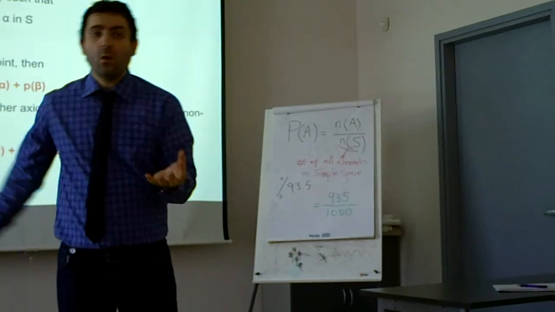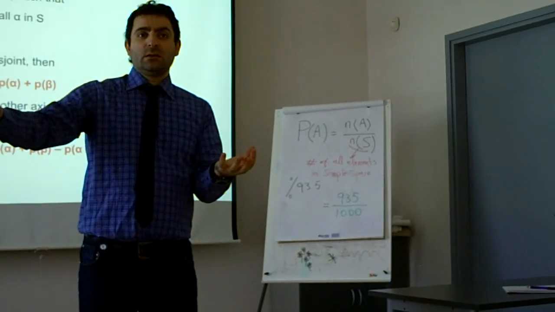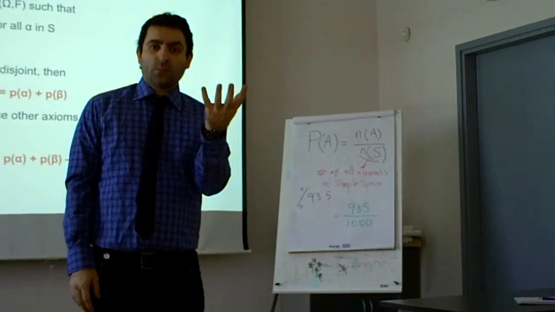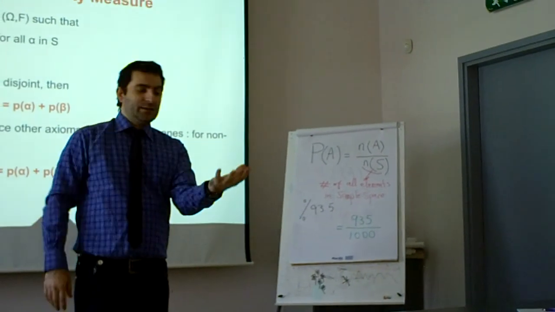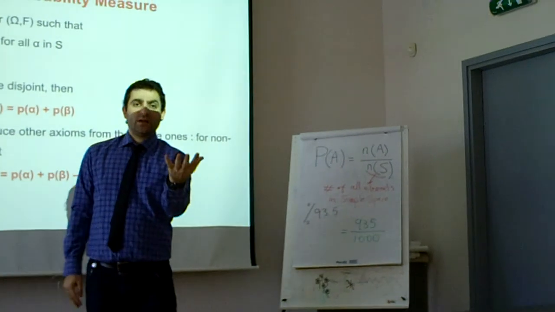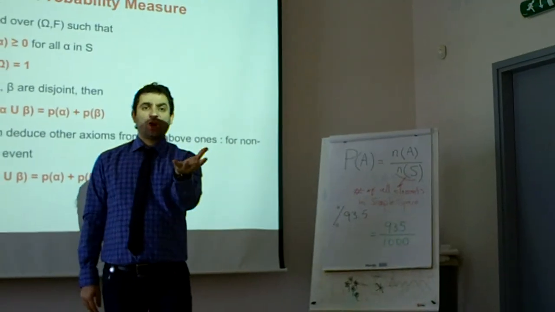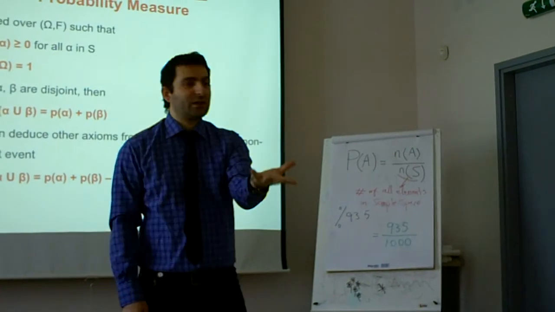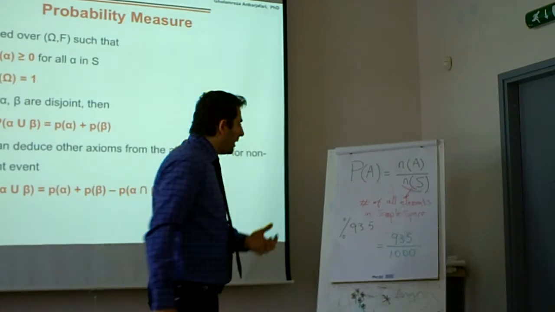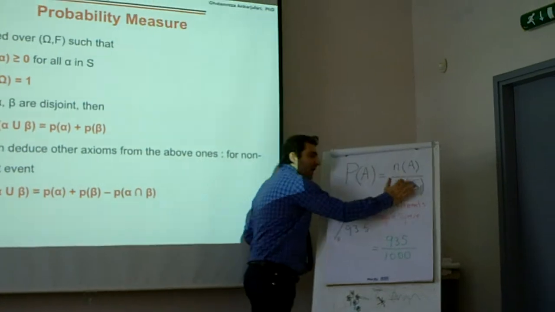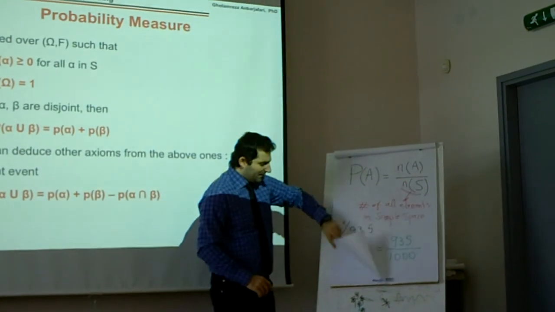Omega means the whole elements. So if we want to pick up the events, it cannot be more than what we have. It is like this: we have 100 euro and we want to do shopping. We cannot spend more than 100 euro because we have only 100 euro. So the number of elements in A cannot be more than the number of elements that we have in S.